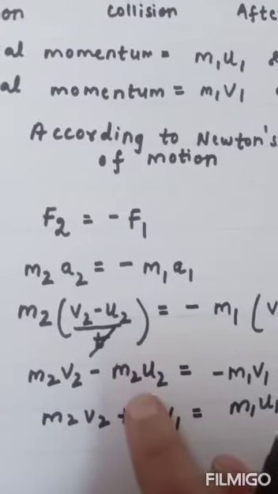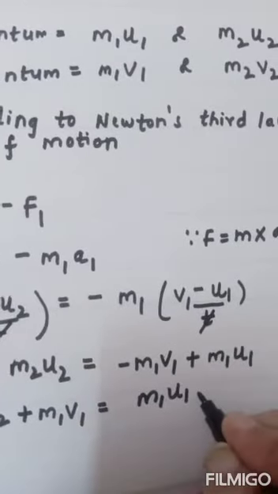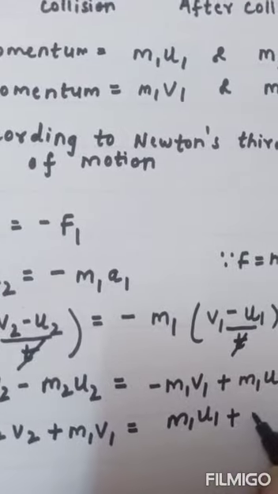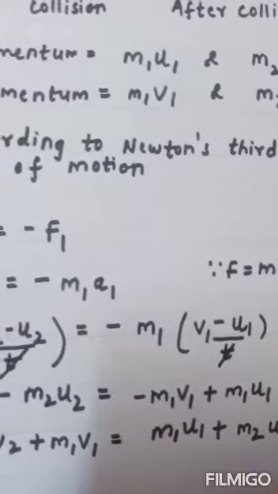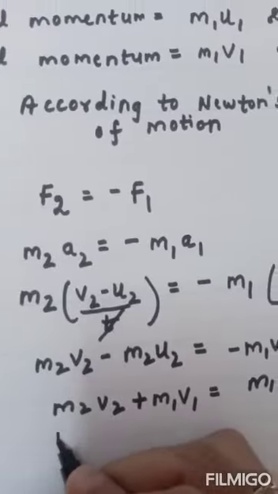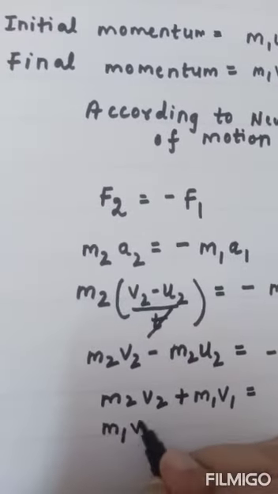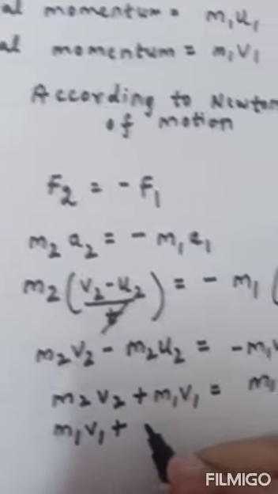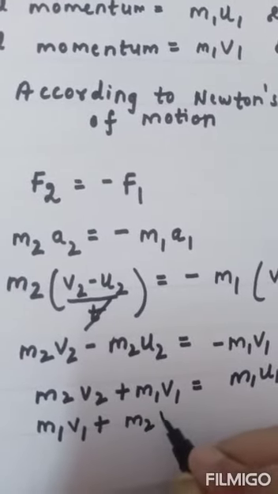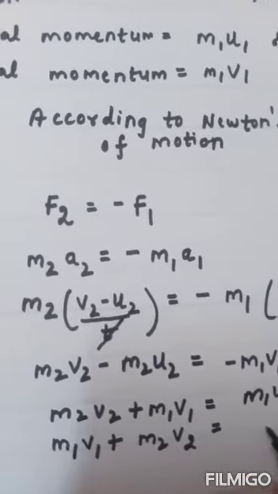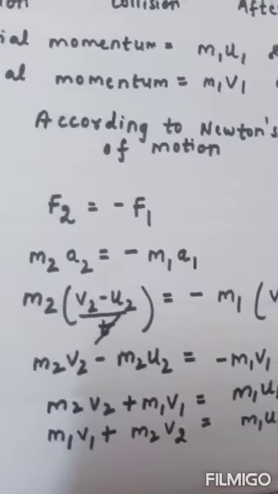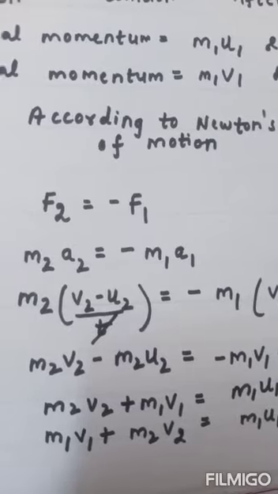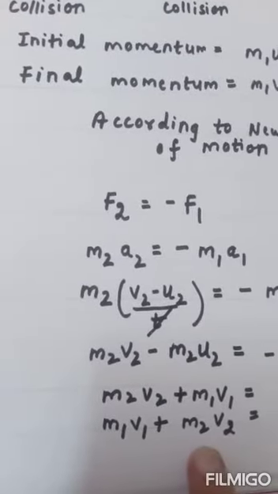And this minus m2 u2 will come to this side, it will be plus m2 u2. So simply rearranging the terms, m1 v1 plus m2 v2 is equal to m1 u1 plus m2 u2.